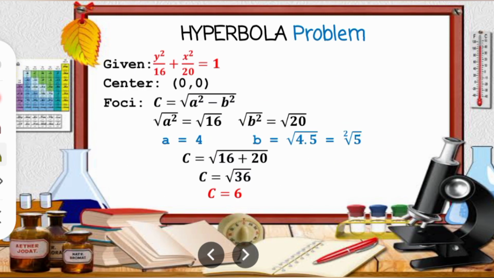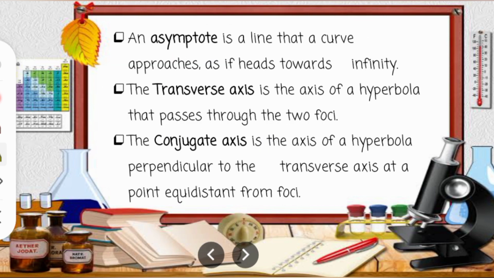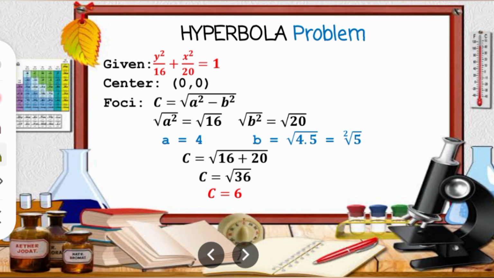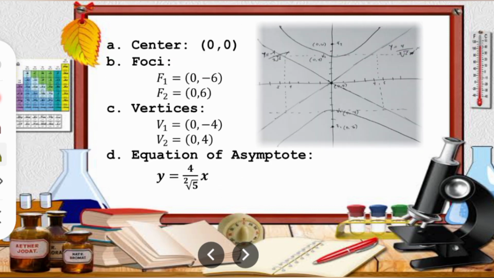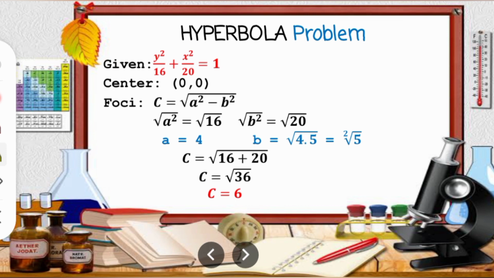Now, for more understanding of the hyperbola conic section, we have this given problem. All we need to do is to find our foci, our center, our vertex, and our equation of asymptote, or our conjugate and transverse axis.